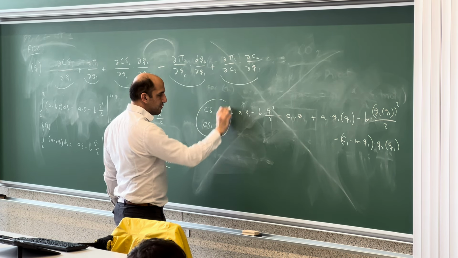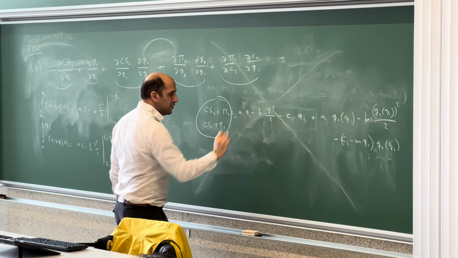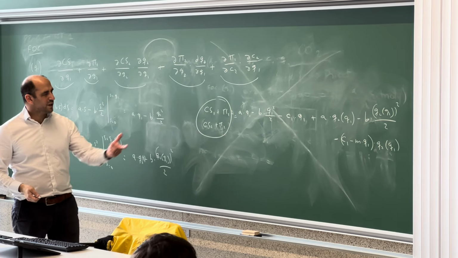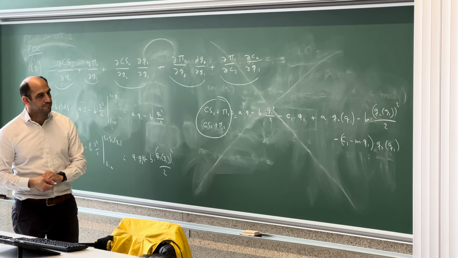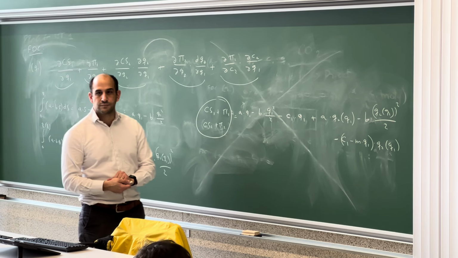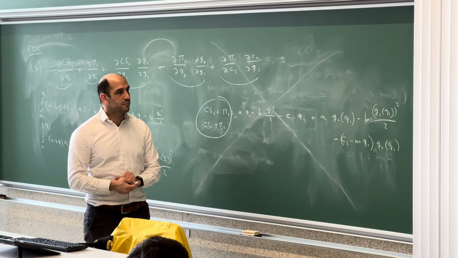All of this is equal to this. So now we need to take the derivative of all of this with respect to Q1. Is there anything more we can simplify?